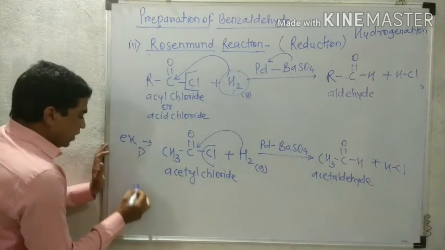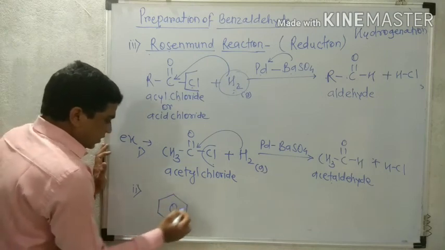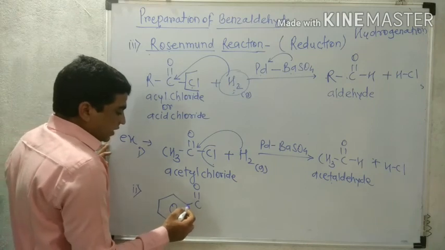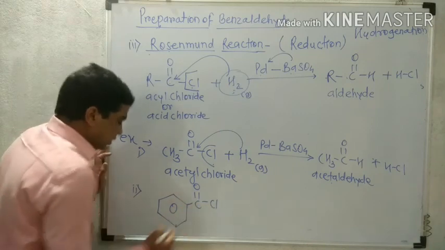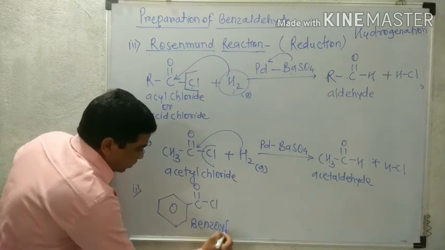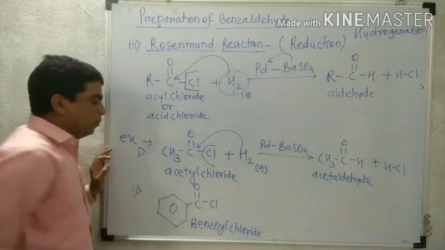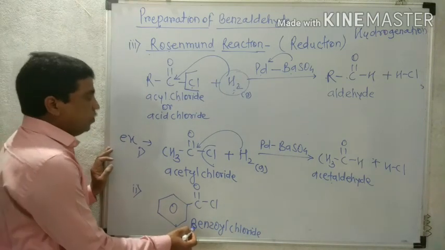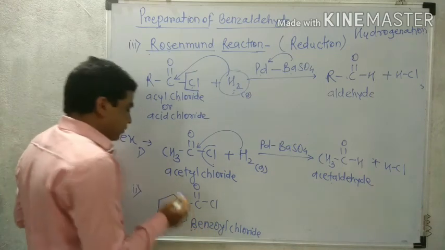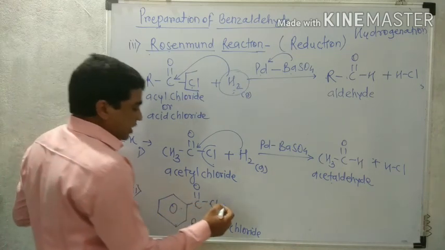If you want to prepare benzaldehyde, then this type of structure has to be taken in the reaction: benzene attached with COCl, called benzoyl chloride. For the preparation of benzaldehyde, we require benzoyl chloride as the acyl chloride, with the structure of benzene attached with COCl.